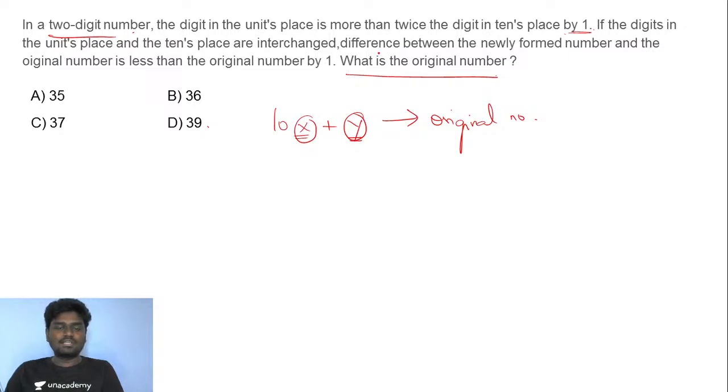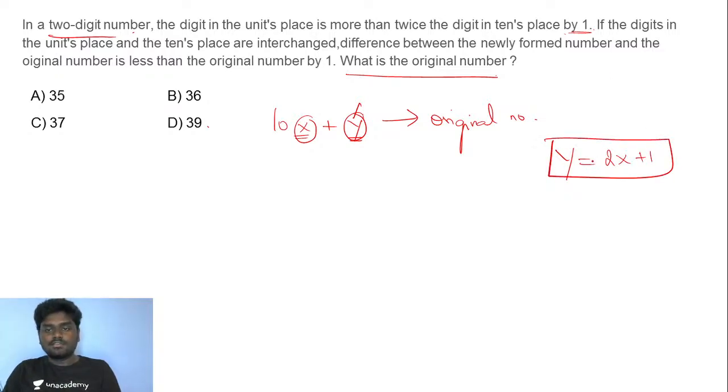So the digit in units place is y. This is more than twice the digit in tens place by 1, which means y is equal to 2x plus 1. That is, twice the digit in tens place is 2x, by 1 means plus 1. That's what they say.